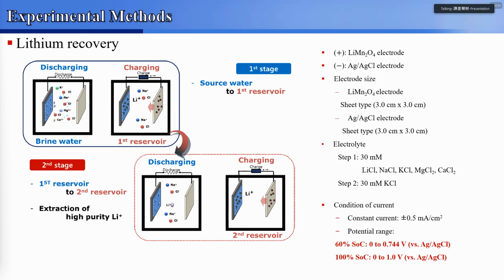The first step is the discharging step for selective lithium recovery from brine, and then the solution is changed and the cell is charged. Then the captured lithium ion is released into the reservoir solution. This lithium recovery is also controlled by SOC level, and I compared the energy consumption and lithium-ion selectivity.